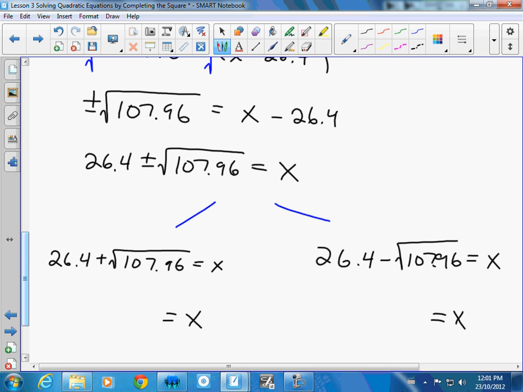Put 1 decimal place. 36.8. And the other one is 16.0.